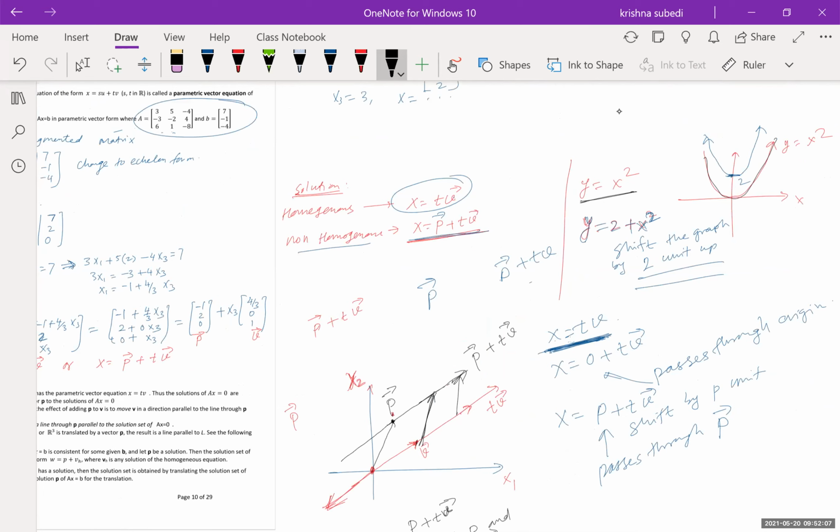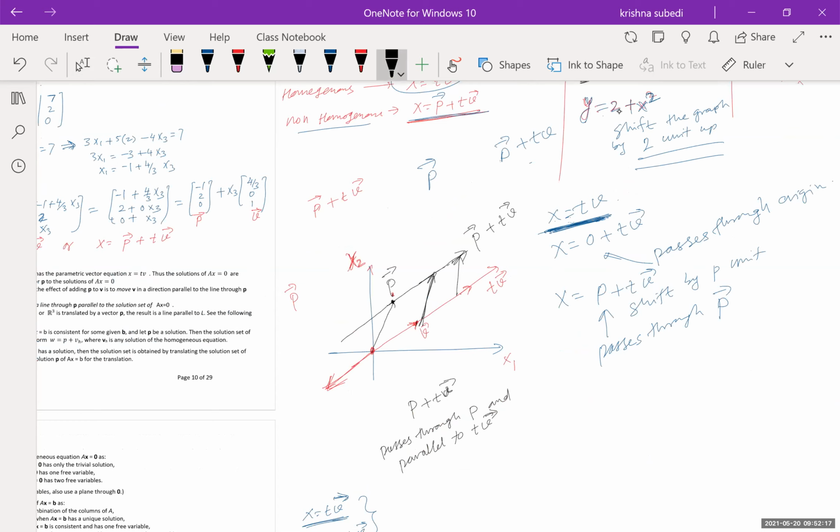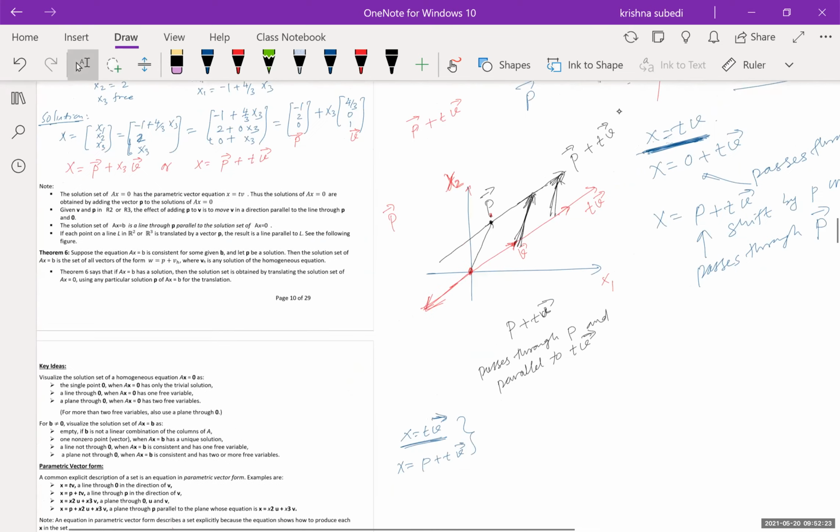When we write y equals 2 plus x square, every point will shift 2 units, right? The same thing here. So it just shifted by the vector P. That's it. Make sense?